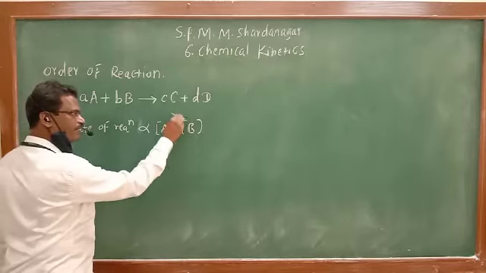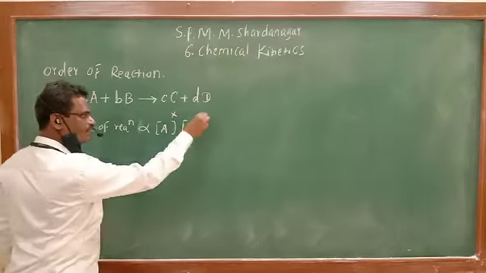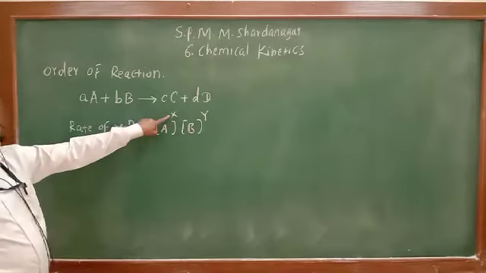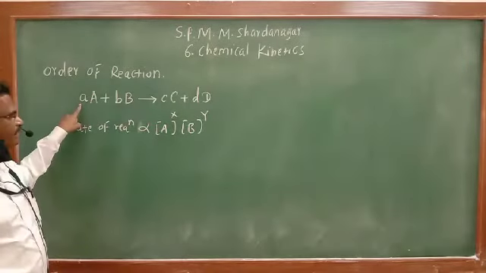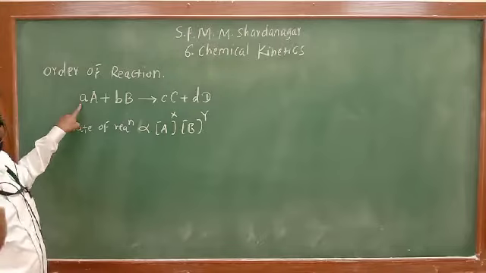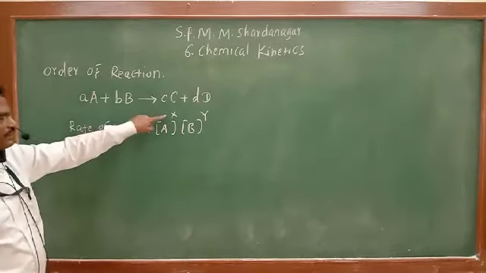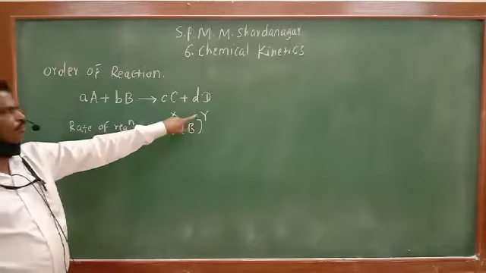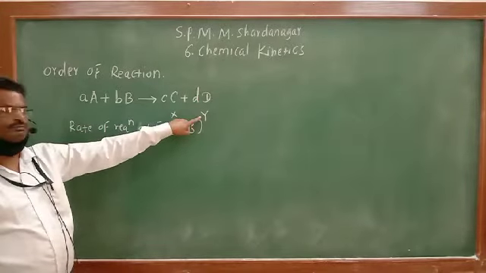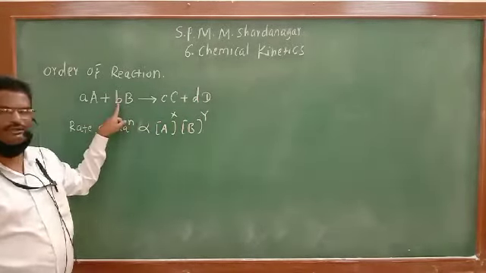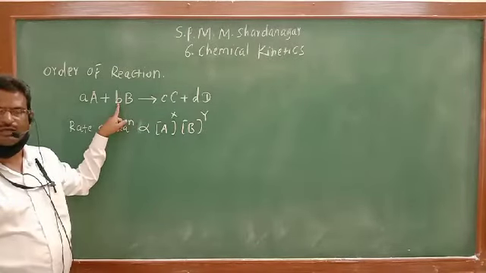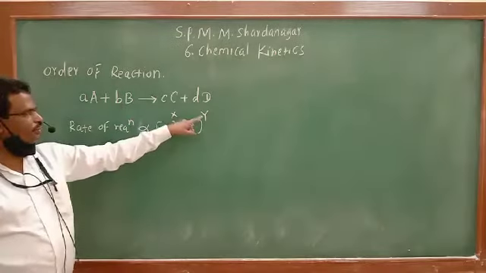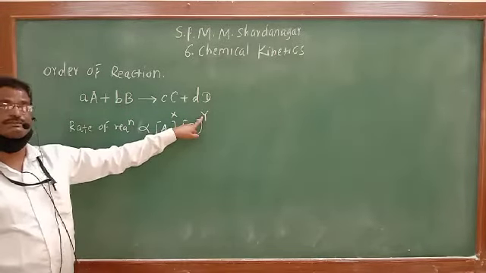The power instead of a will be x, instead of b it will be y. x may or may not be equal to a, because x is an experimental quantity. y may or may not be equal to b, because y is also an experimental quantity.